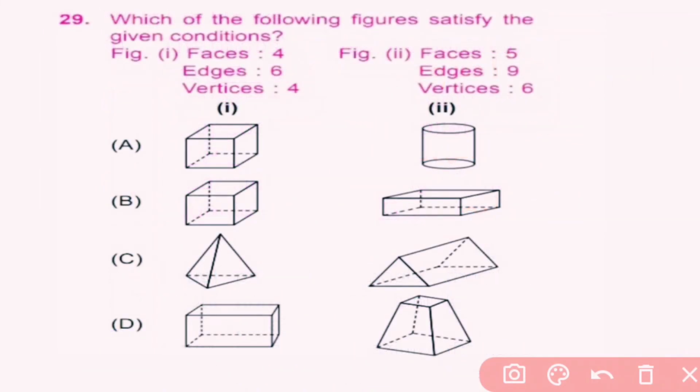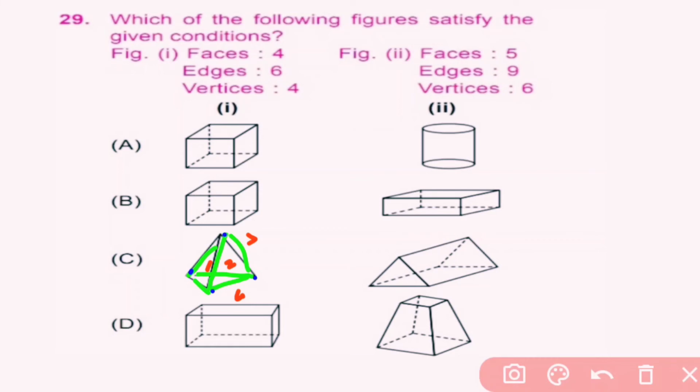Question number 29, which of the following figures satisfy the given condition? Option 1, figure with faces 4, edges 6 and vertices 4. So in option C there are 4 faces, this 1, 2, backside 3 and down 4, edges 6, 1, 2, 3, 4, 5 and 6, and vertices 4, 1, 2, 3 and 4.